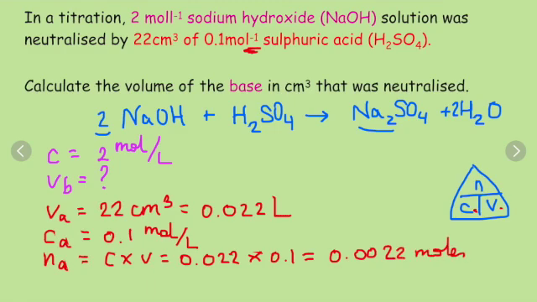And we know that for one acid, we get double the base, because we're looking at the molar ratio. So the number of moles of the base is twice the moles of acid, so 0.0044 moles.